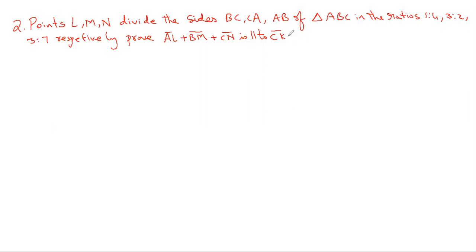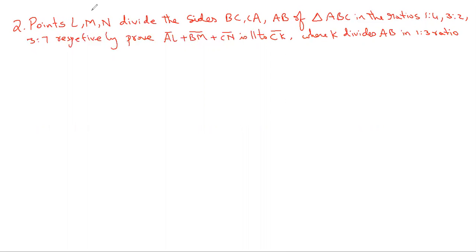But suddenly, where is K coming from? It is given here that K divides AB in the 1:3 ratio. Basically, the first 3 pieces of information are about L, M, N, and you join the last information, that K divides AB in 1:3. So a total of 4 pieces of information are given and they're asking us to prove this.